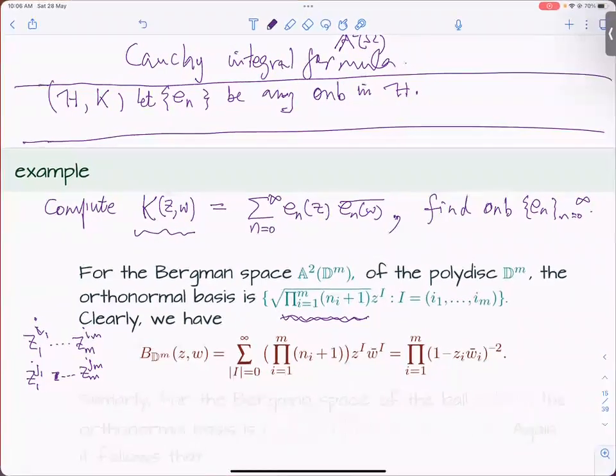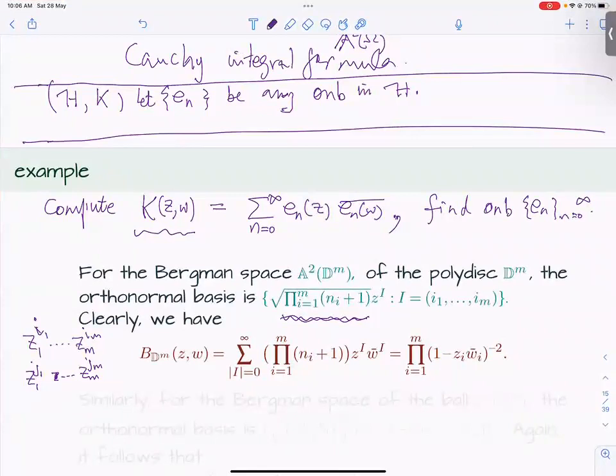This n is usually something that one thinks of generally as the multi-index, so that's why that n has been kept in. This should have been i sub k plus 1, product square root. And similarly, this will also be i sub k plus 1, product k equal to 1 to n, and then sum over mod i equal to 0 to infinity.